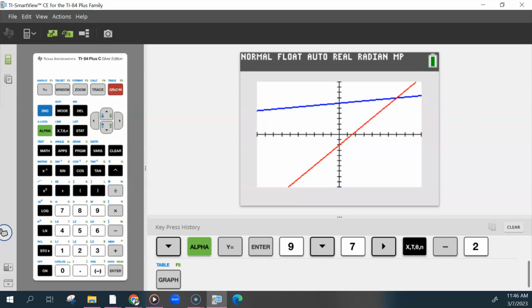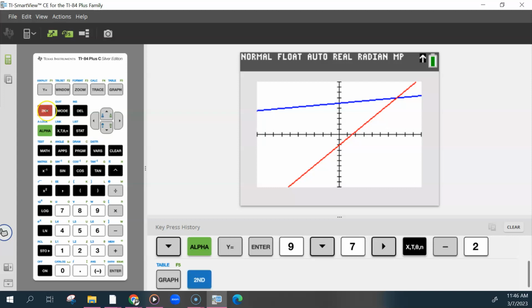If you can't see where they intersect on your window, you may have to change the window size or zoom out. If you can, you might be able to count exactly where it is. My eyes go like this when I try to read this graph. So I'm going to make the calculator find it for me.